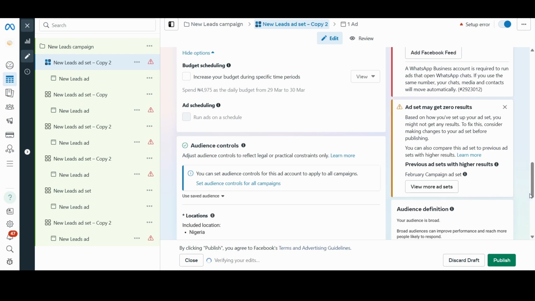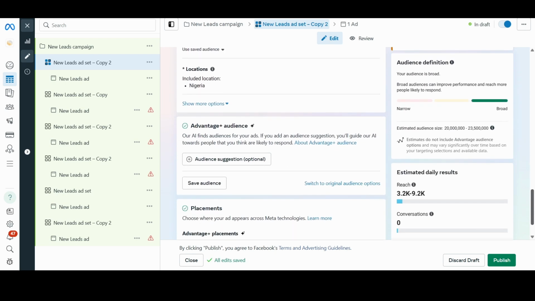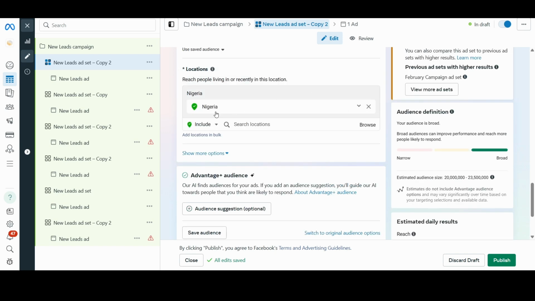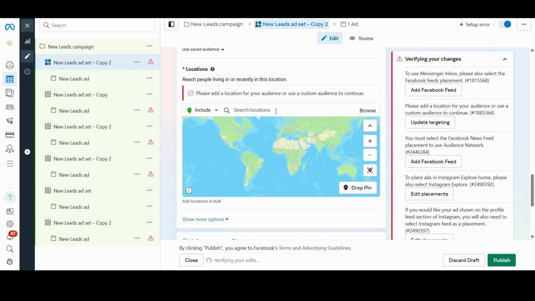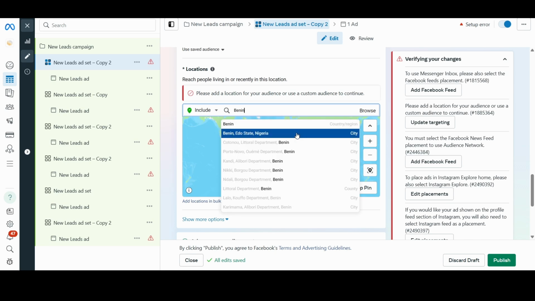And then this is the point where a lot of people run into trouble. They don't know what they should use as their location. Well, here, Nigeria is used as a location, but we can also do something else. When we talk about geo-targeting, this is where geo-targeting happens. So let's say my business is in Benin, Edo State, that's the city.